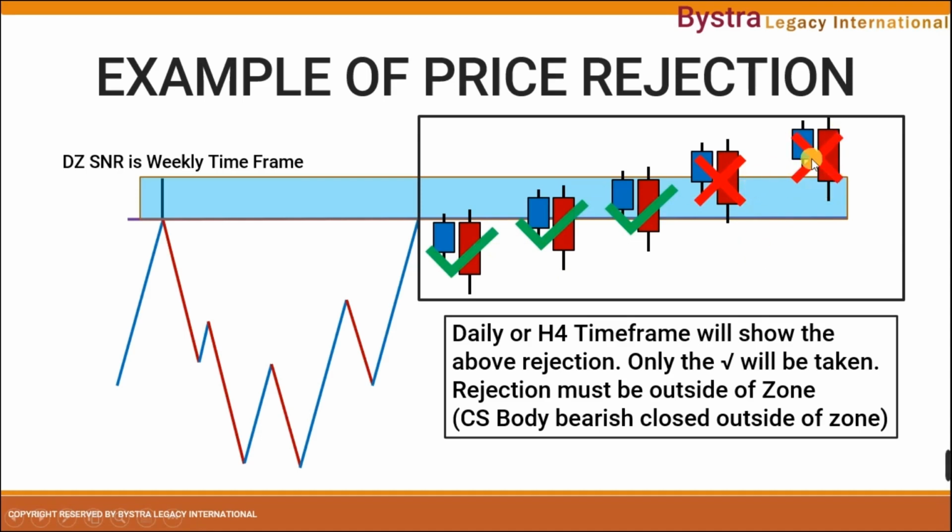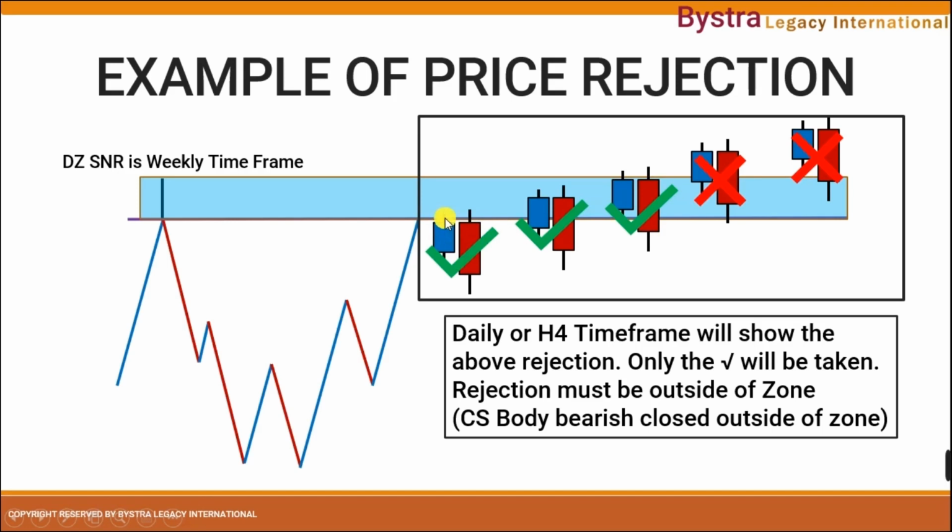Remember guys, rejection not at the top after the breakout and then showing a bearish engulfing. Why? Because bearish engulfing is for a sell setup. Okay, so in this one, the bearish candle is still inside the zone. In this one, the bearish candle has closed outside of the zone, and the rest of it. Okay, so this one, look at this, both candles close outside of the zone. This is because both have touched the zone.